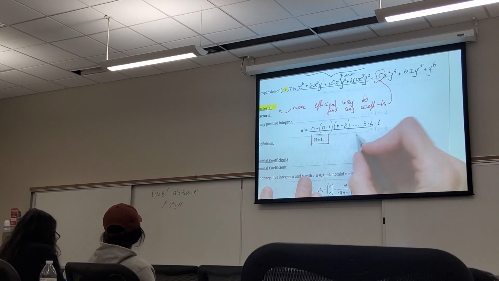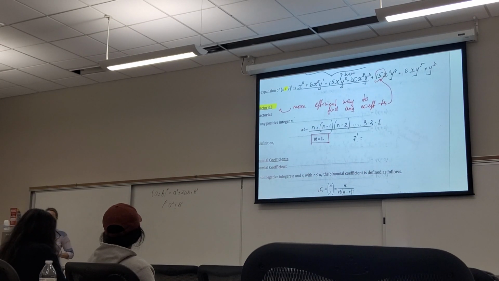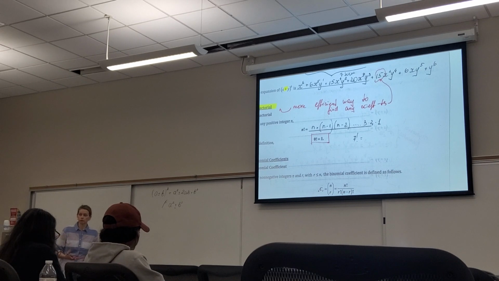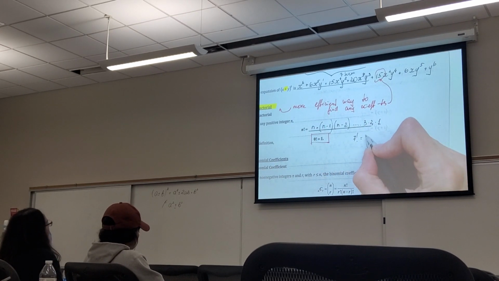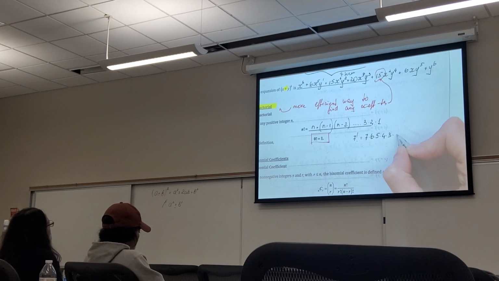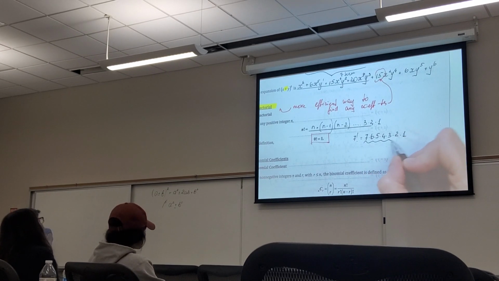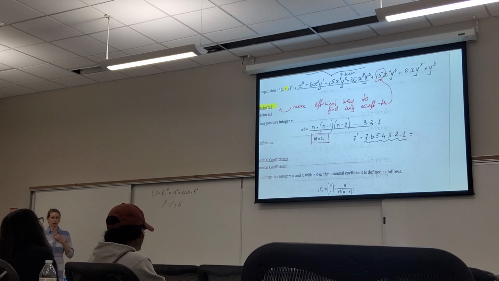And I will give you an example so you will understand. For example, I have 7 factorial, correct? 7 factorial is a shortcut. But in order to calculate it, I'm going to expand it. So it would be 7 times 6 times 5 times 4 times 3 times 2 times what? 1. And then I can calculate this product and it will give me whatever big number we have.